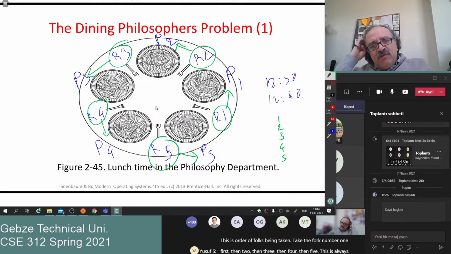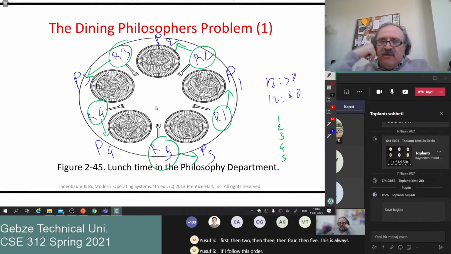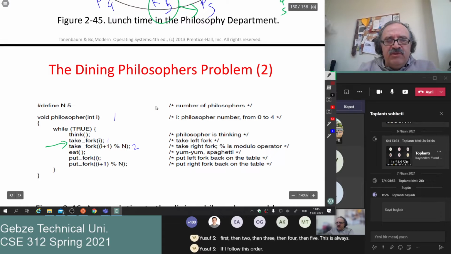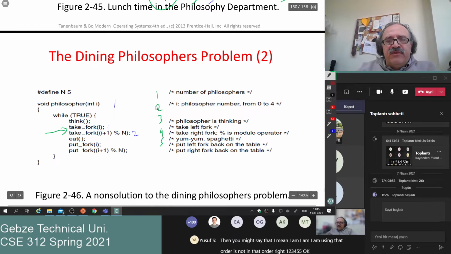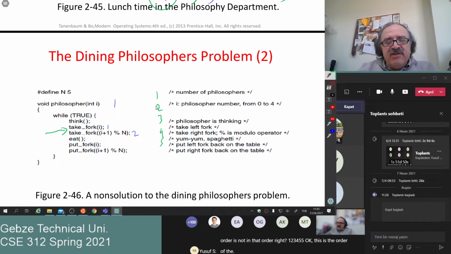This is not in that order, right? 1, 2, 3, 4, 5, 5. This is the order of the resource allocations. If I follow this order always, there will not be any deadlocks.